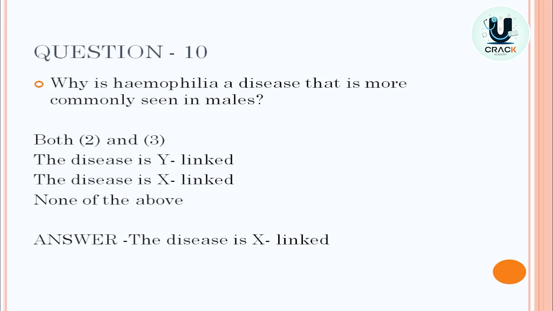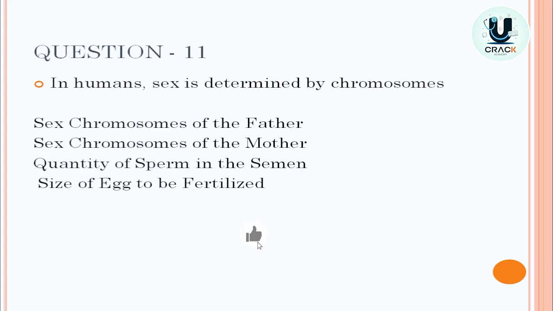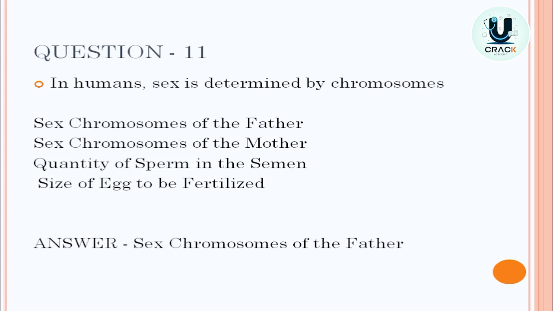Answer: the disease is X-linked. Question number 11. In humans, sex is determined by: sex chromosomes of the father, sex chromosomes of the mother, quantity of sperm in the semen, size of the egg to be fertilized. Answer: sex chromosomes of the father.